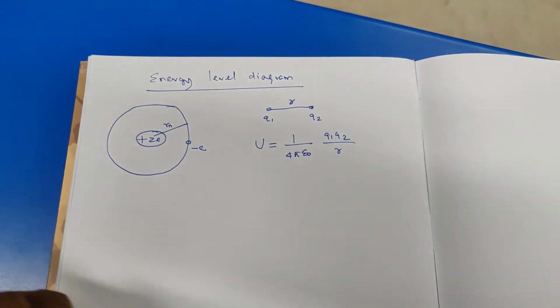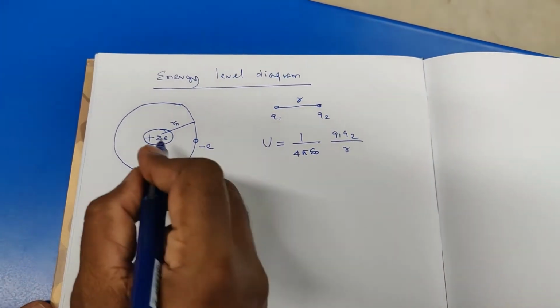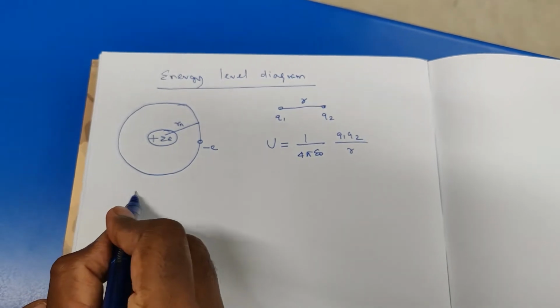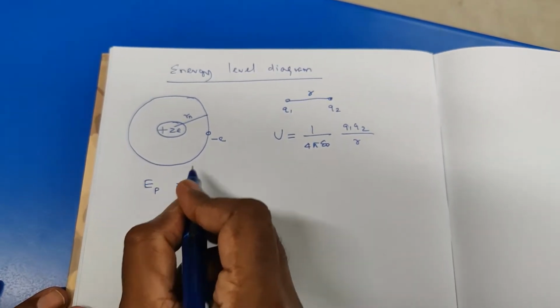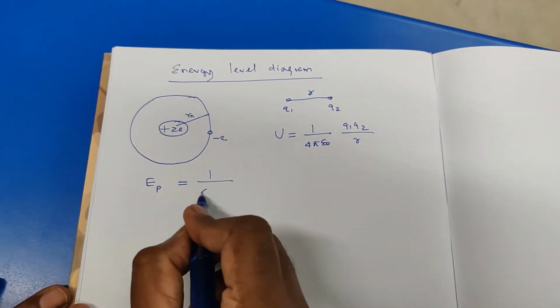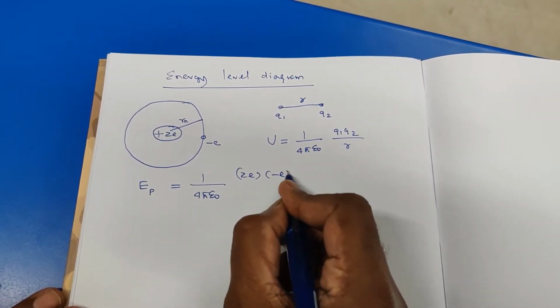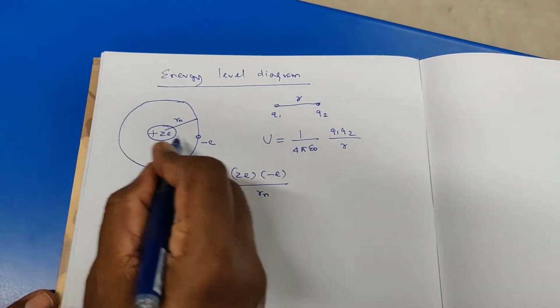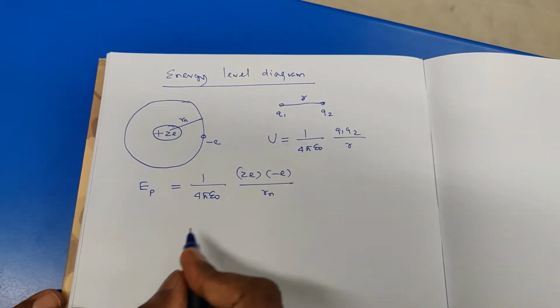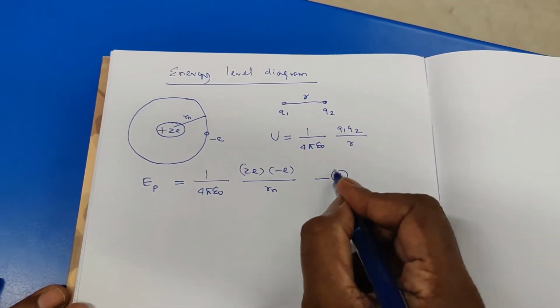You know this concept. Making use of that concept here, the potential energy of the electron is 1 by 4 pi epsilon naught, product of the charges divided by the distance between the charges. This is the potential energy.